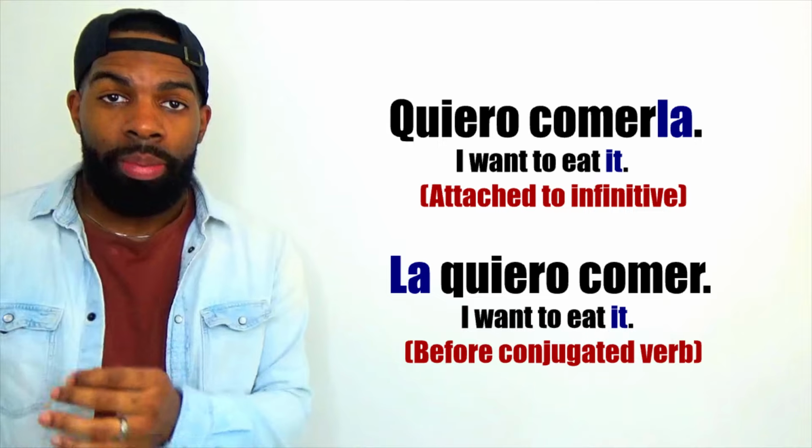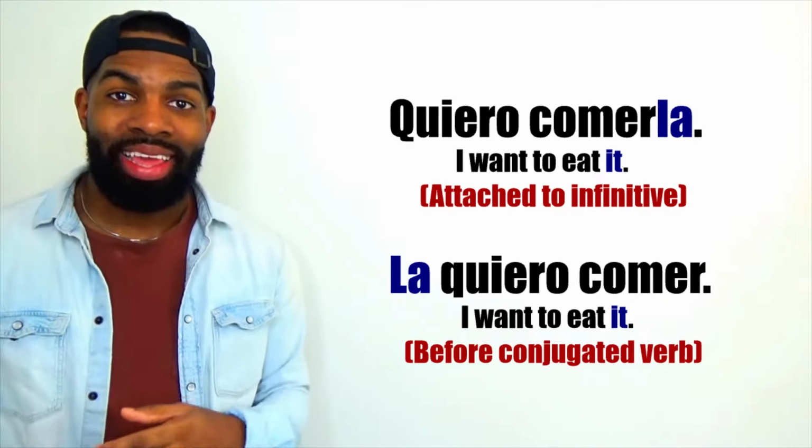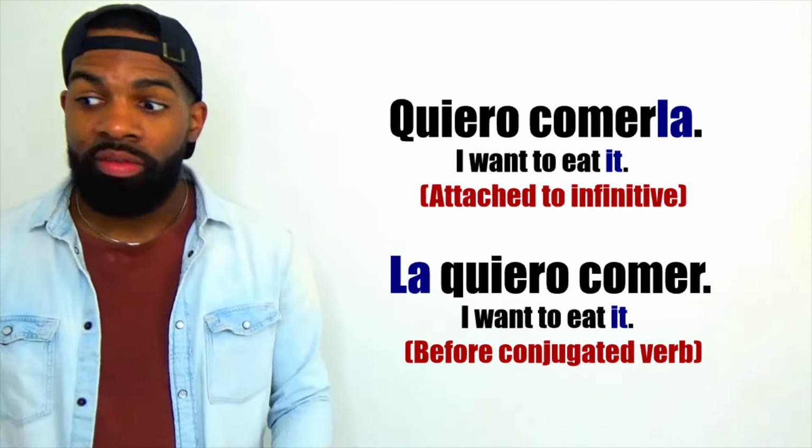So for example, these sentences mean the exact same thing. It's all a matter of personal preference. Natives switch it around all the time. Whatever you want to do, you can do with gerunds and infinitives only, not with the affirmative command, okay? Quiero comerla, I want to eat it, or la quiero comer. The same exact sentence. There's no value change.